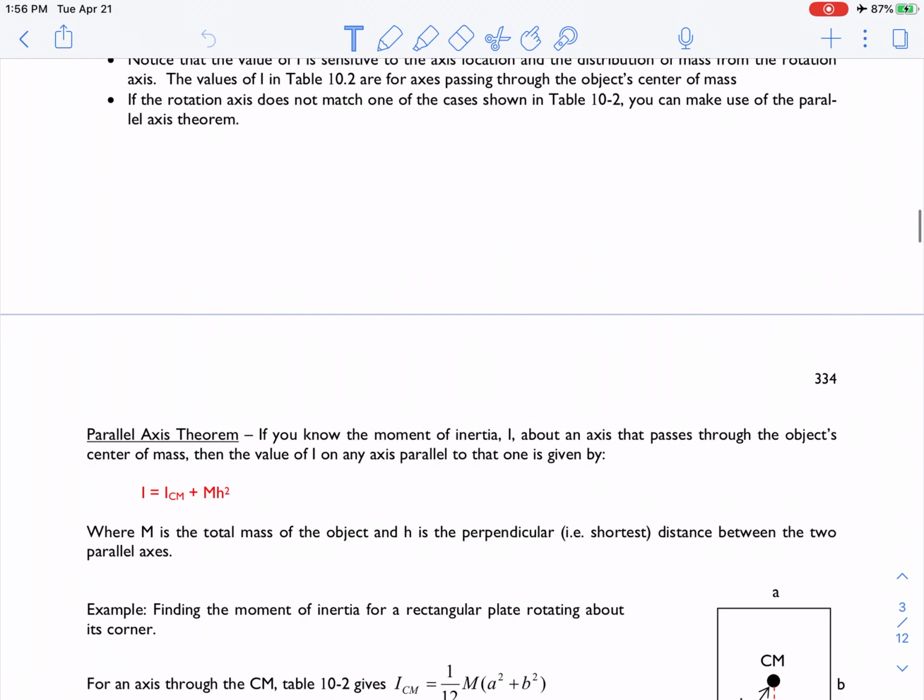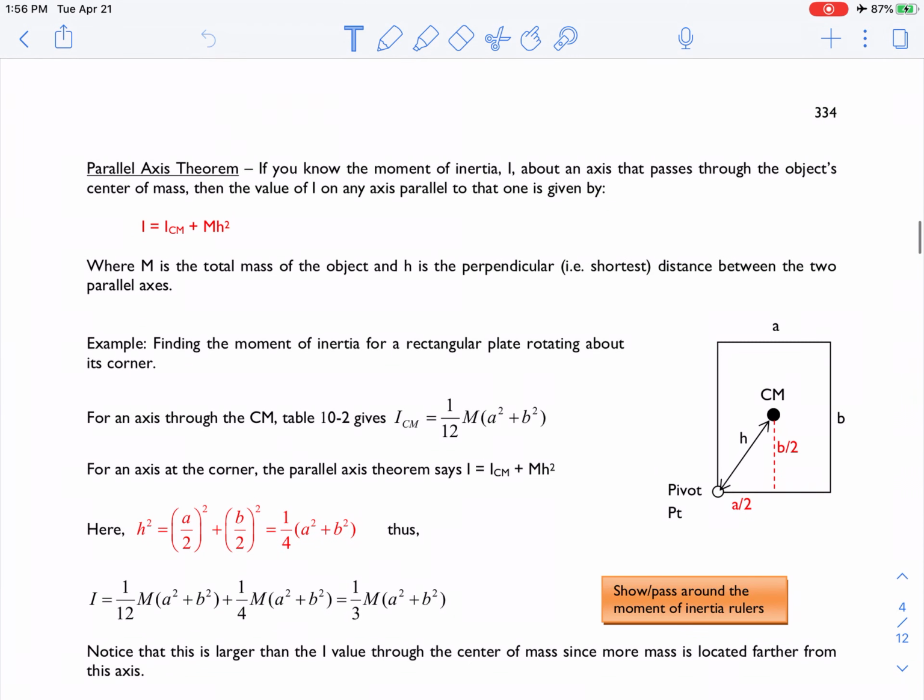Differential is mass here. And parallel axis theorem is if you know the moment of inertia about an axis that passes through the object's center of mass, then the moment of inertia on any axis parallel to that one can be found using: the new moment of inertia equals the moment of inertia of the center of mass plus the mass times h squared.